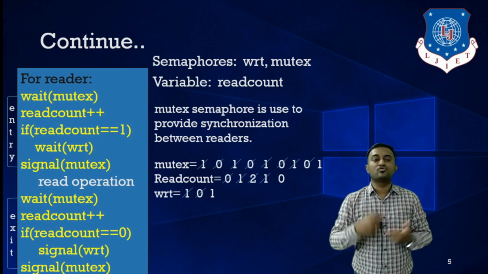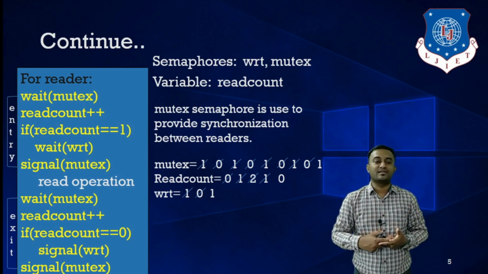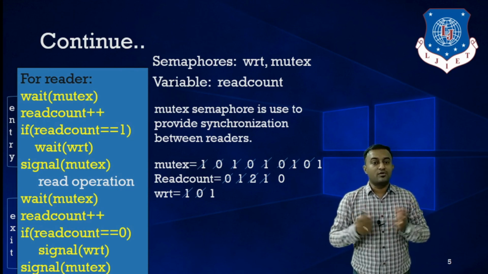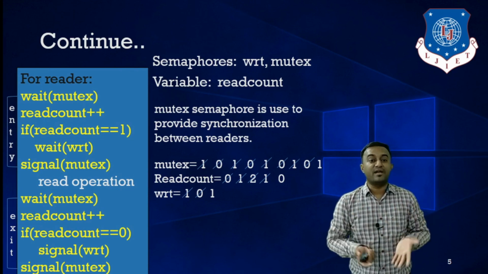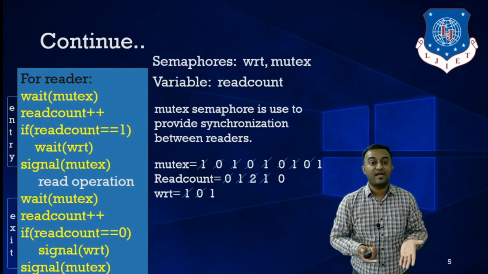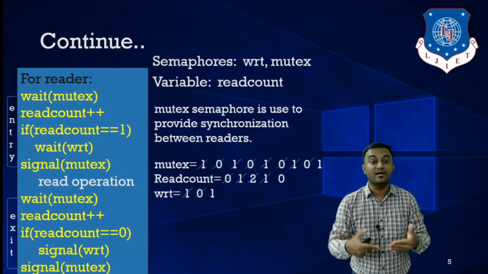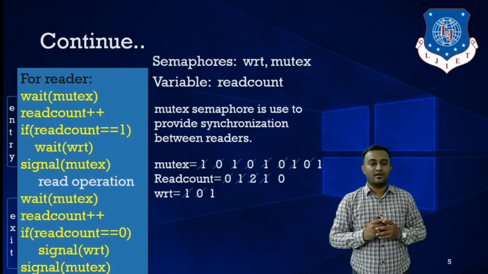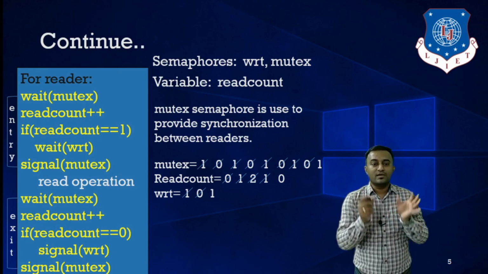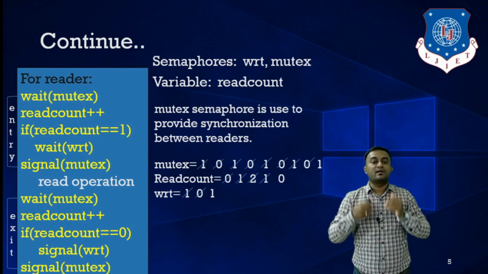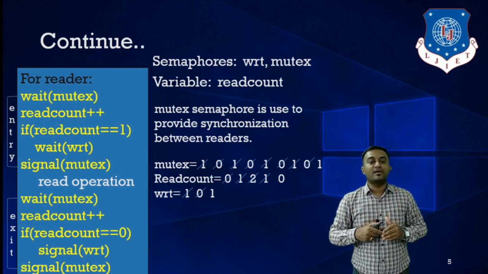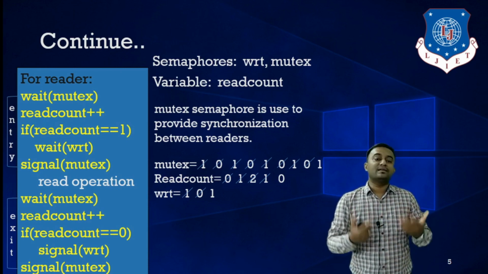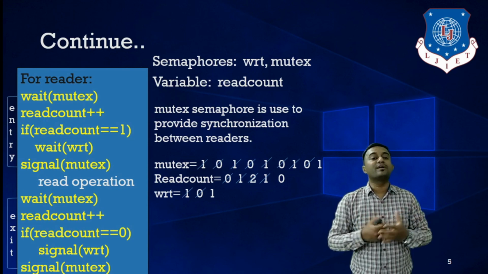Yes, because no other process is in the critical section. So now the condition is checked: if read count is equal to 0. Yes, the condition is satisfied. It means we have the last reader in the critical section that wants to exit. Once the last reader tries to exit from the critical section, the writers can now be allowed to enter the critical section.